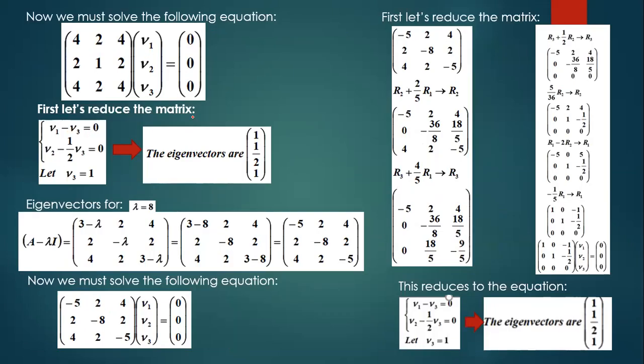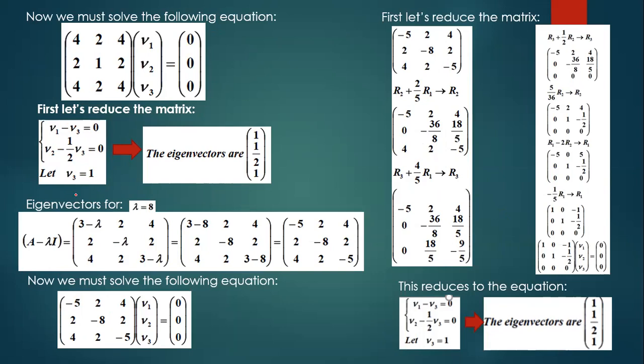So first, let's reduce the matrix. This A matrix can be reduced using row-reduced echelon form of matrix or any kind. By reducing the matrix, we can find v1 minus v3 is equal to 0, v2 minus 1 over 2 v3 is equal to 0, and one term of this matrix is singular.